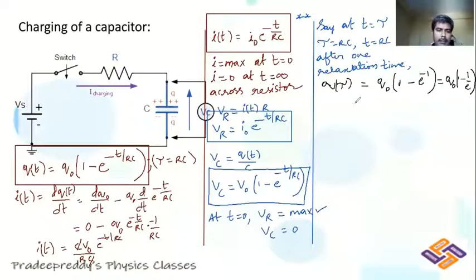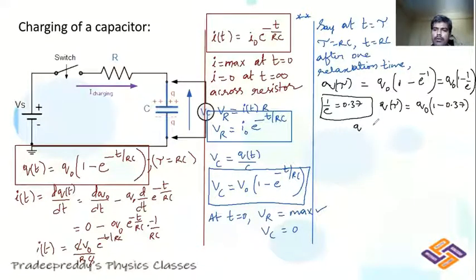But remember that 1 by e is equal to 0.37. I can substitute that over here. So Q of tau is equal to Q naught into 1 minus 0.37, which is equal to Q naught into 0.63. So what does it mean?